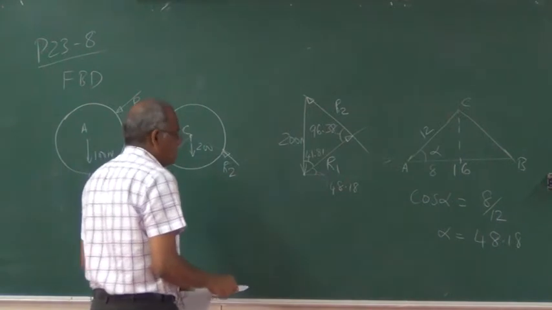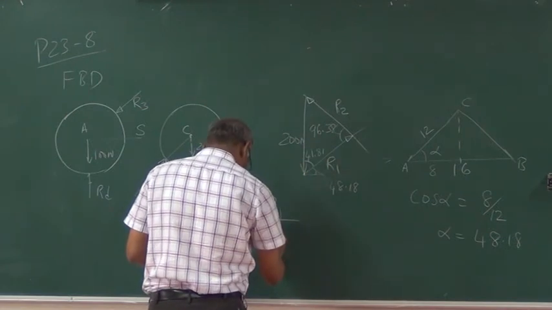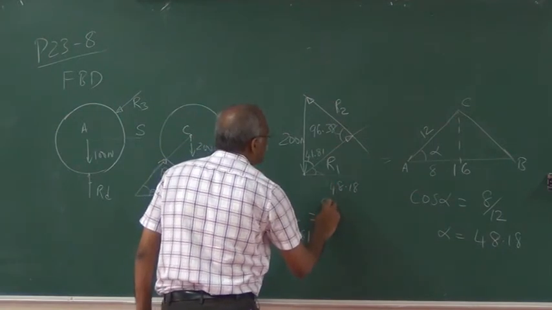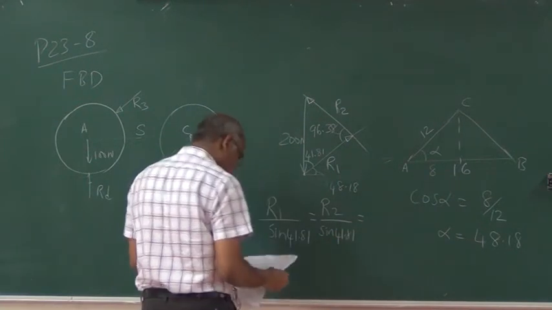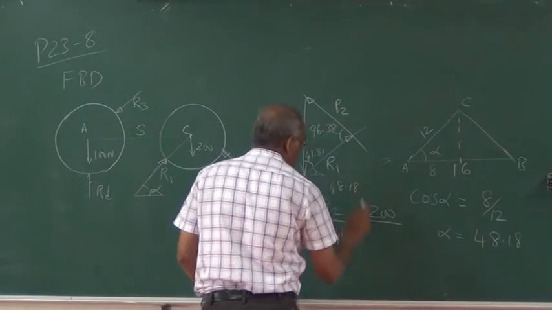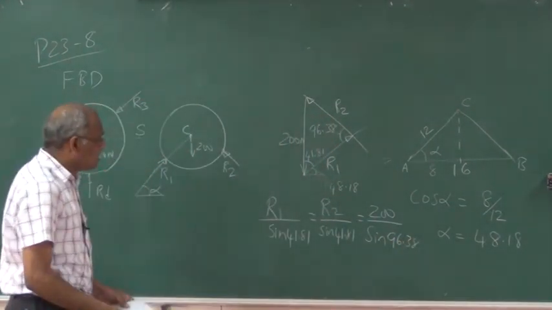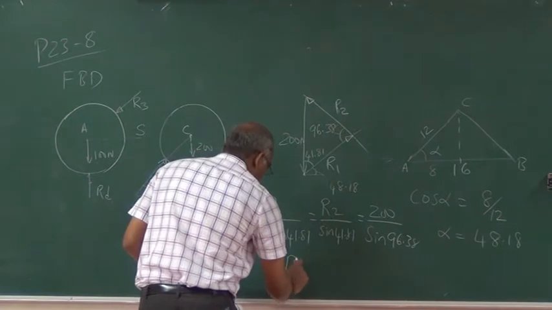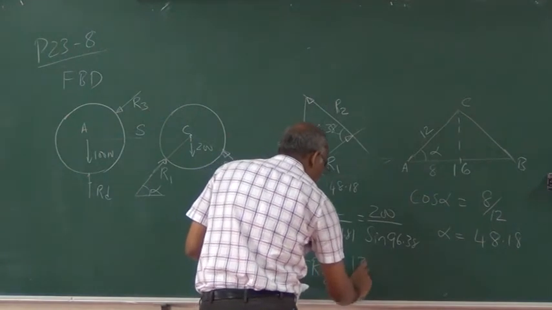Using the sine rule, I can say R1 by sine 41.81 is equal to R2 by sine 41.81, that is equal to 200 by sine of 96.38. So from this you know that R1 is equal to R2, that is equal to 134.16.